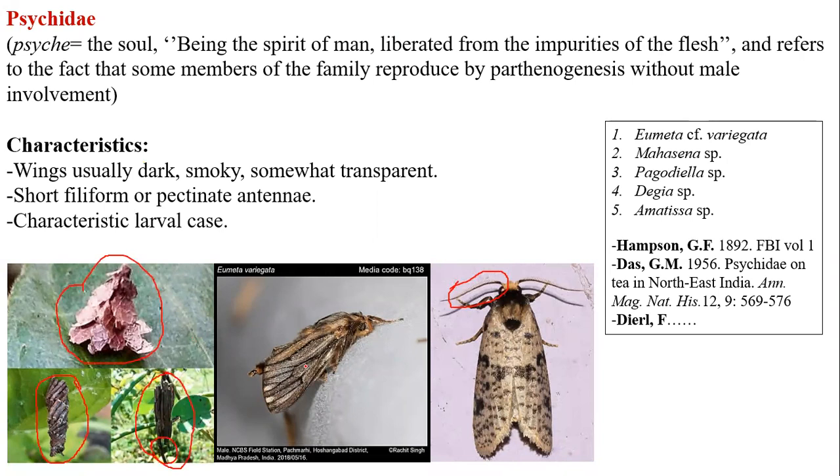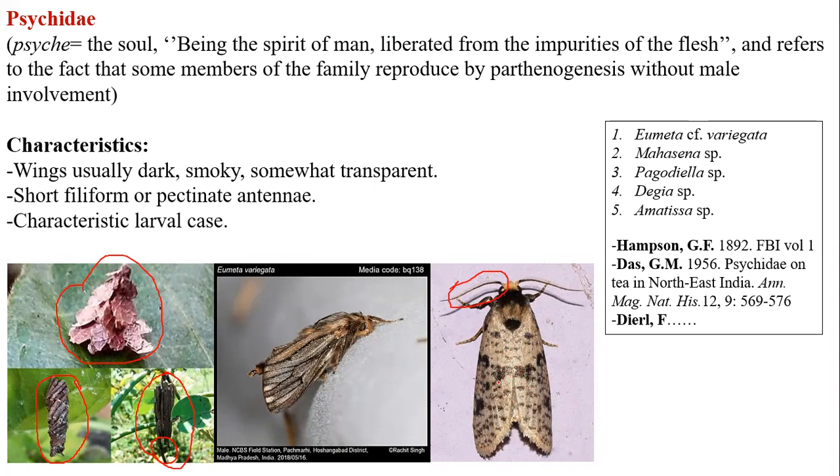And the adult moths of this family usually have wings with dark or smoky color, and they can sometimes be transparent winged, and their antennae are usually pectinate. You are seeing here 2 examples of this family. One is Eumeta variegata and another one is Degia.